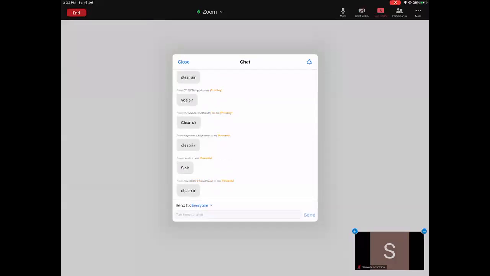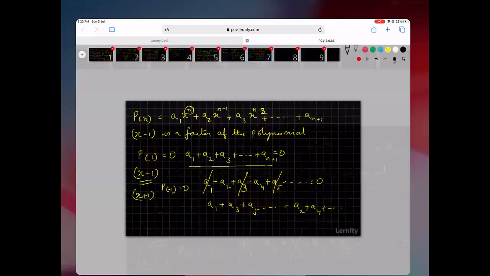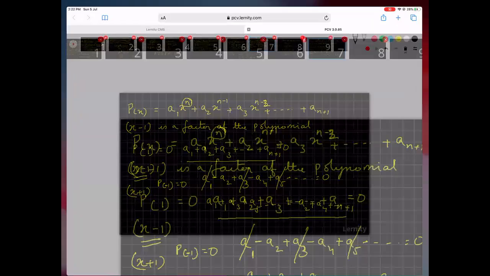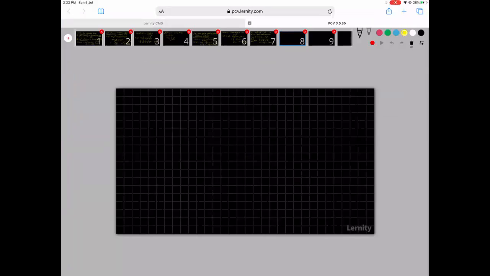Okay, so if you guys are able to understand, few quick questions and then we move on from here. Here you have to find at least one factor of x cube plus 13x square plus 32x plus 20. Second one is 3x cubed minus 4x square minus 13x minus 6.